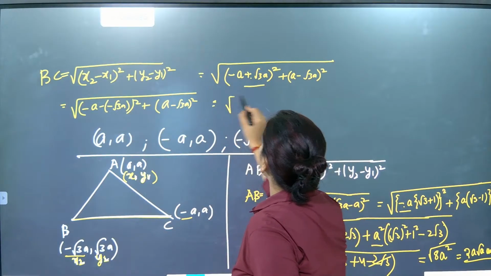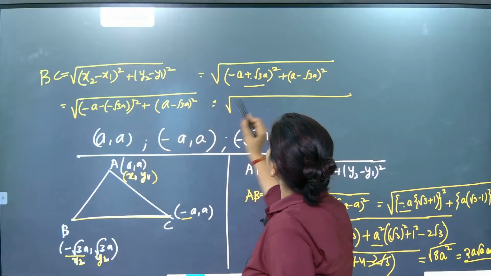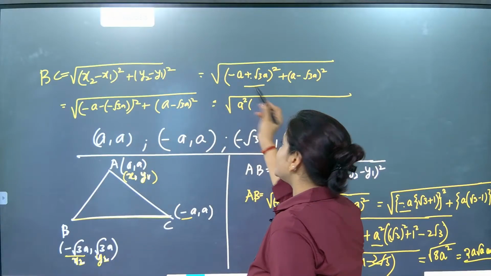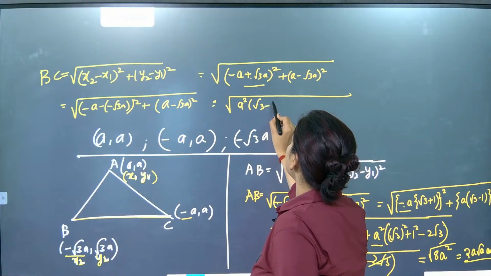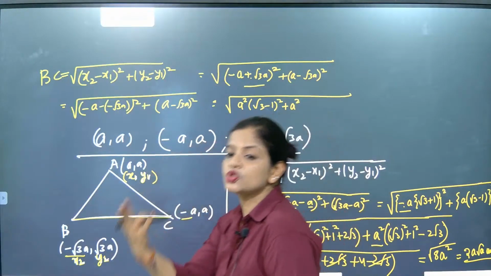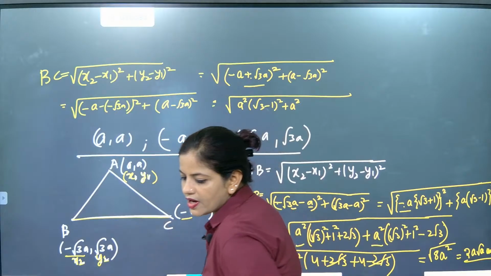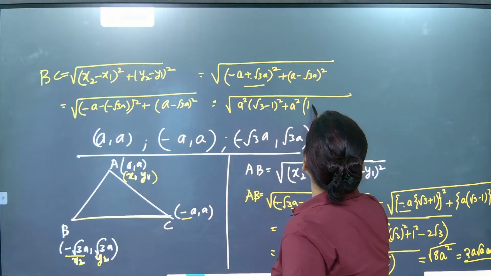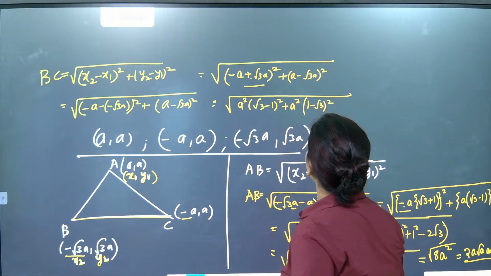Again we are going to take out a outside. Correct. So if we take a outside, a square will come out. It will come root 3 minus 1 whole square plus, again a will come out, a square outside. The moment you write a square outside, it will become 1 minus root 3 whole square.